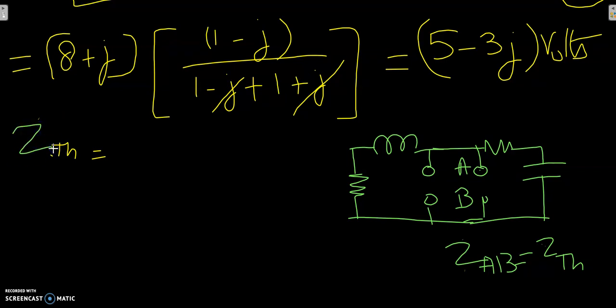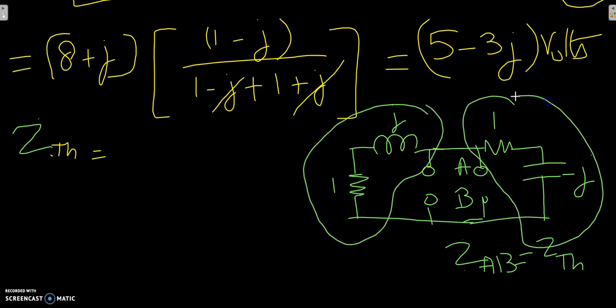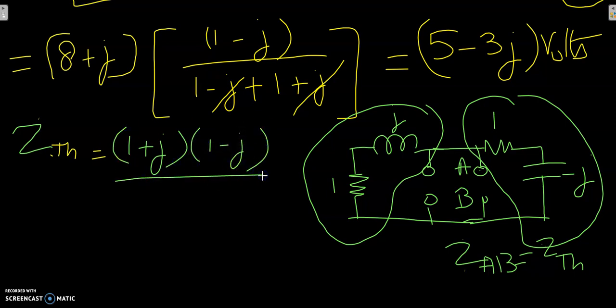And here also I should write ZTH and not RTH. So ZTH equals, here this is 1, this is j, and this is 1 again, this is minus j. These two impedances are in parallel, so the equivalent impedance would be given by 1 plus j times 1 minus j divided by 1 plus j plus 1 minus j. These two j get cancelled, and finally this equals 1 ohm.